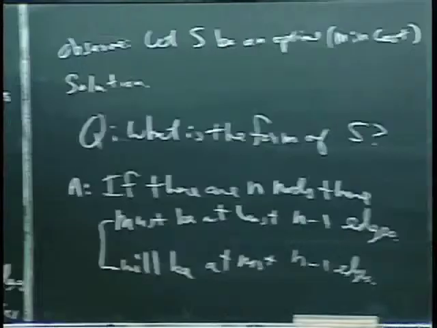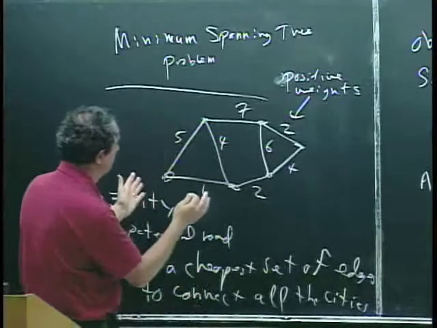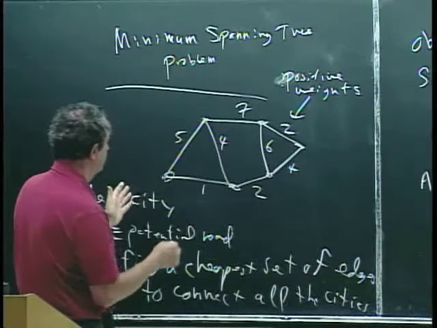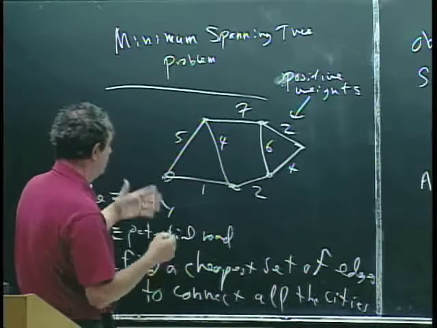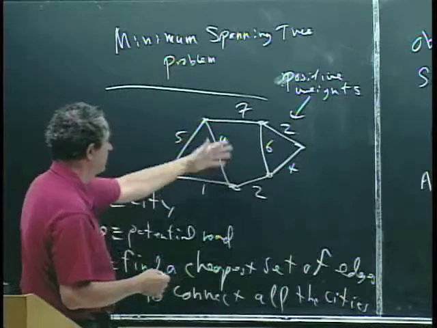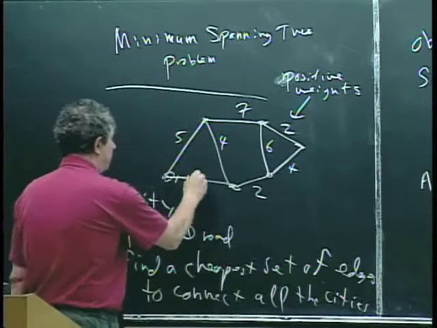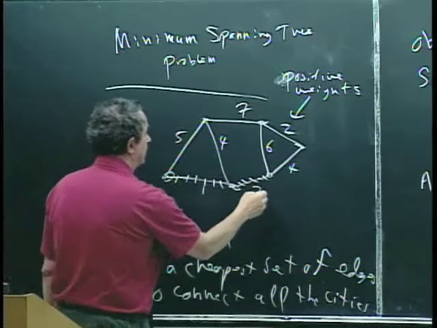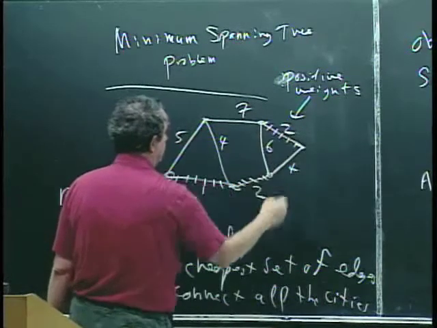Okay, let's just do an example here first. Let's just look at this and see what we think is the minimum cost set of edges that connects everybody. Well, it looks like 1 should probably be in there. And this 2, that would be a good choice. This 2 is good.